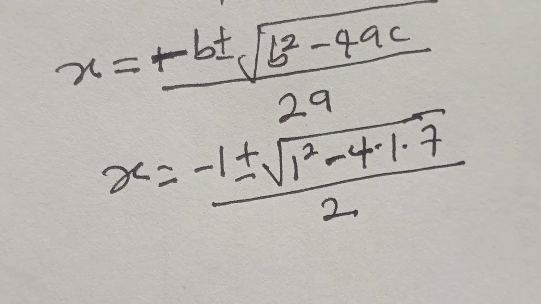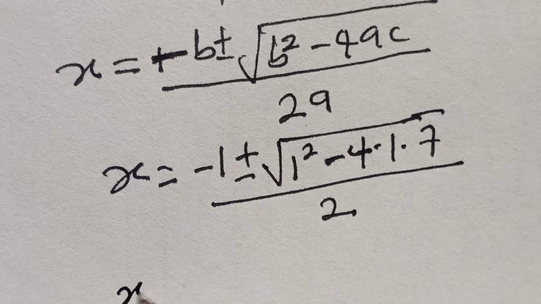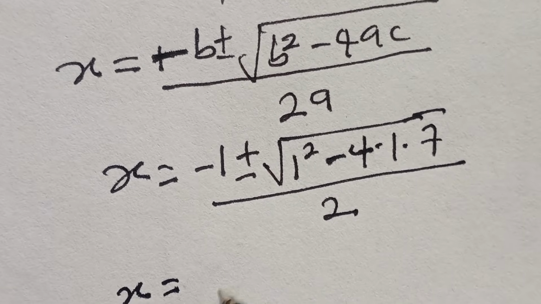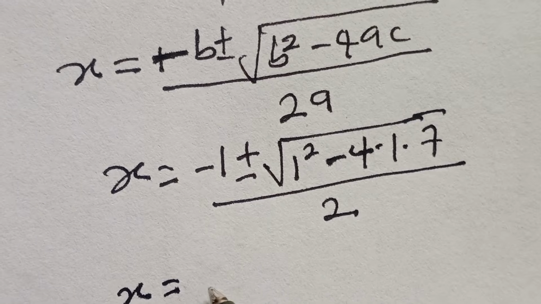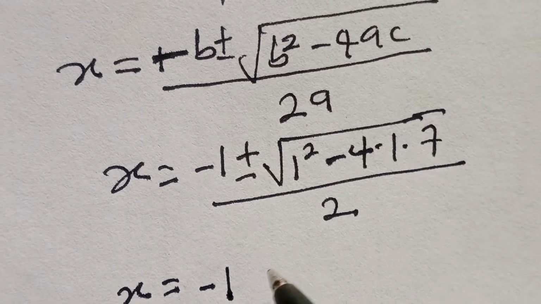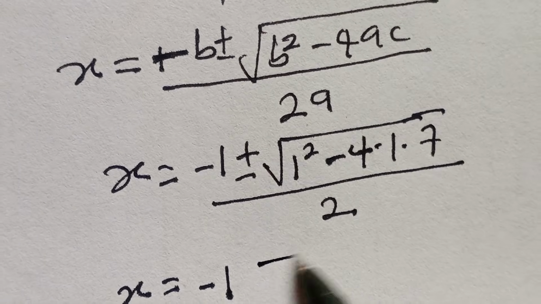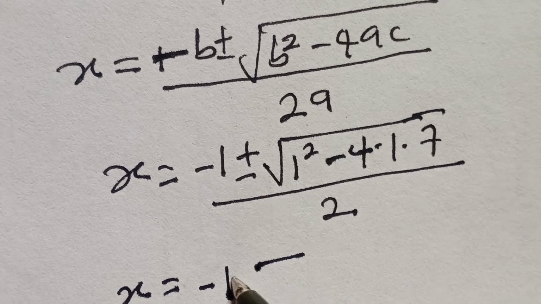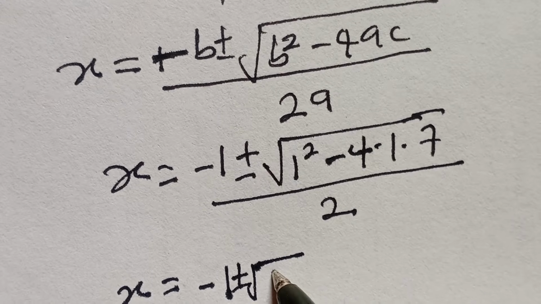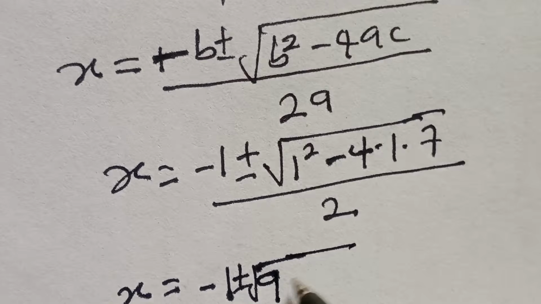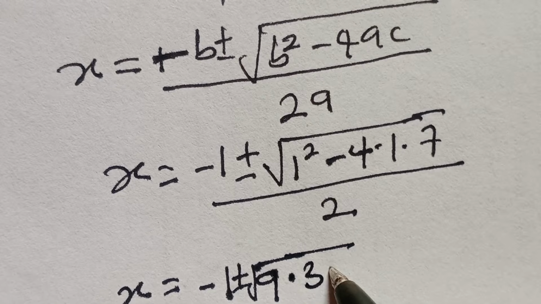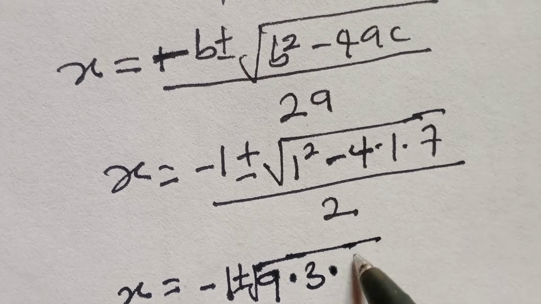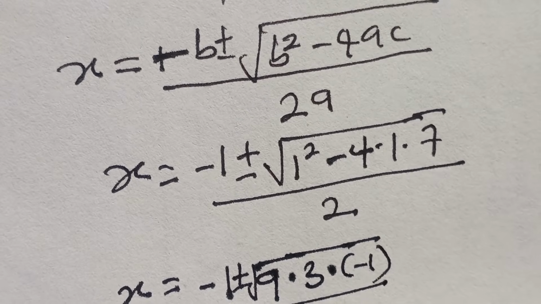So if you solve this, x will be equal to minus 1 plus or minus square root of 9 times 3 times minus 1, divided by 2.